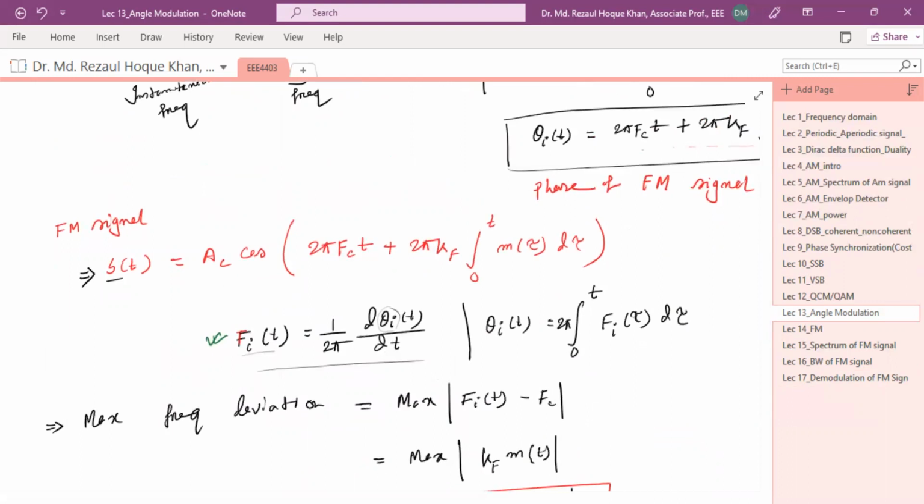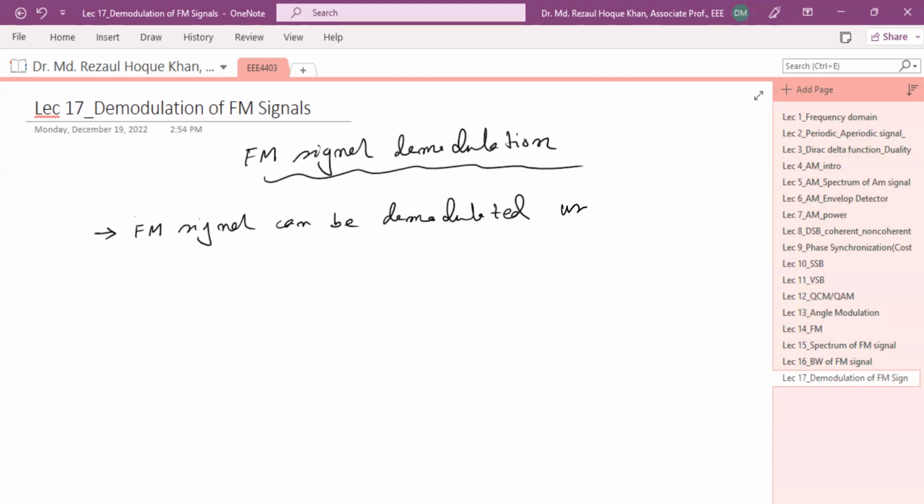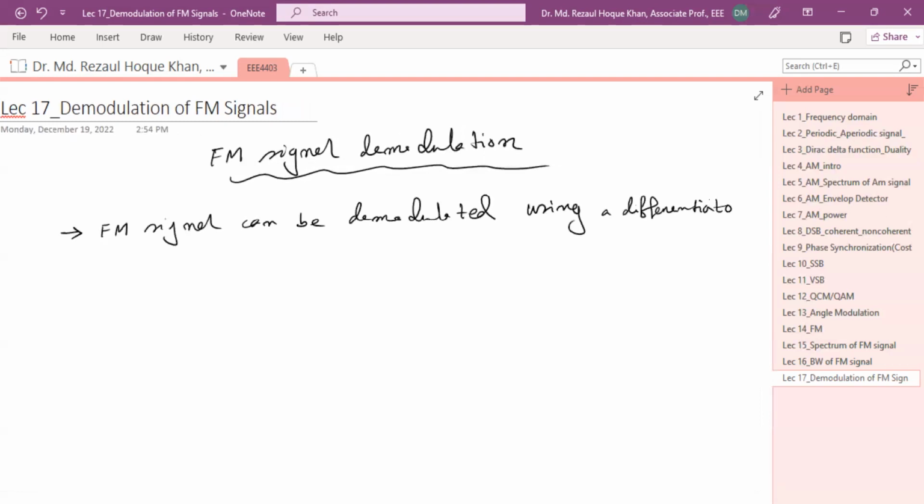The frequency modulated signal can be demodulated using a differentiator.